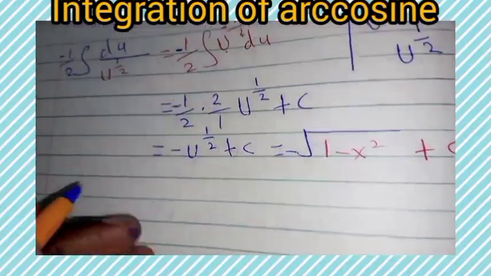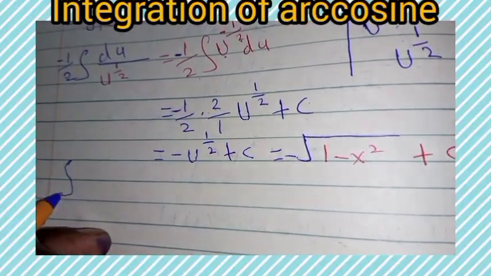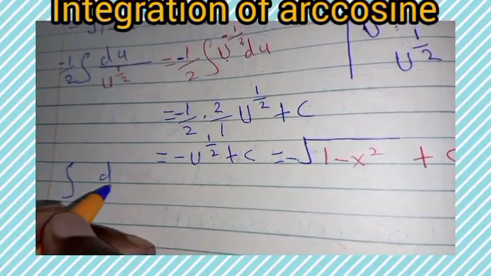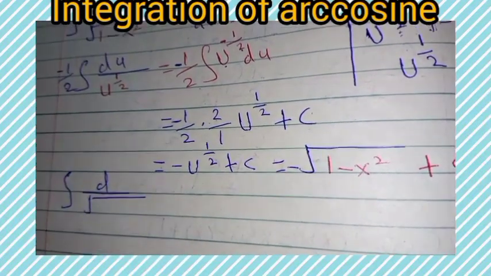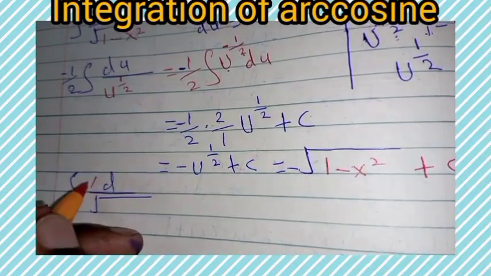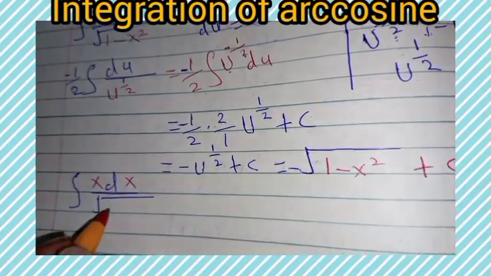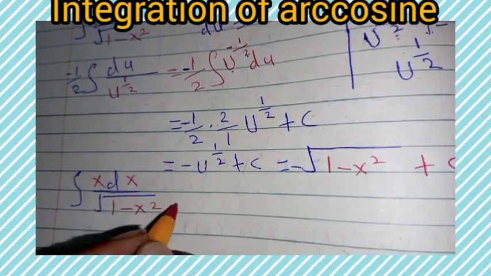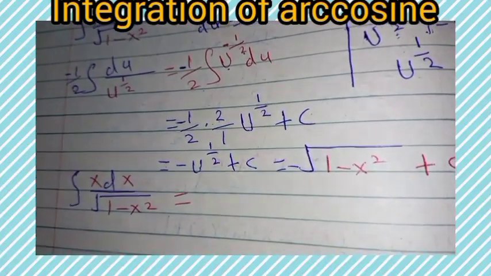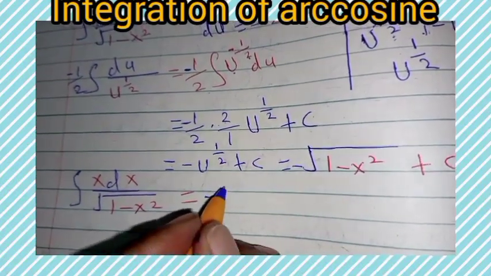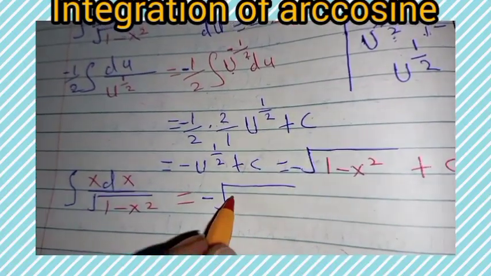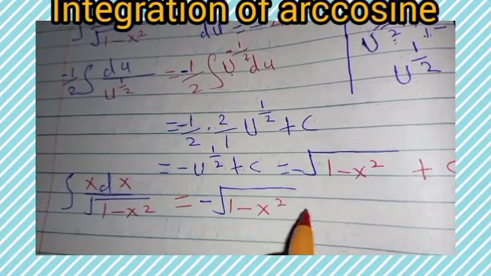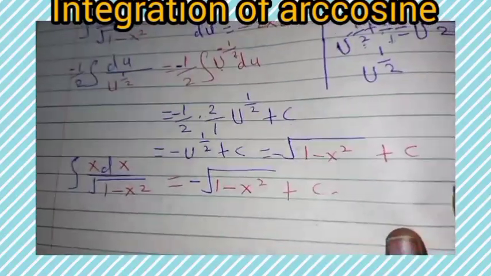So the integral of x dx over square root of 1 minus x squared is the same as negative square root of 1 minus x squared plus constant c.